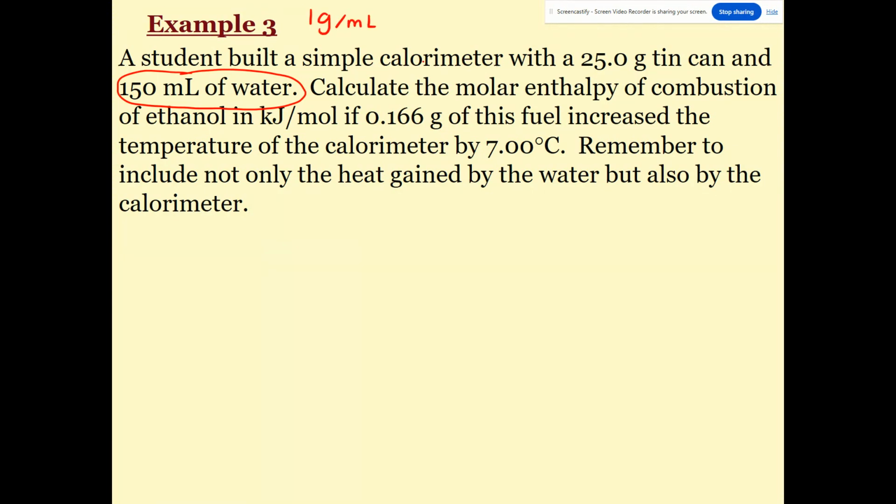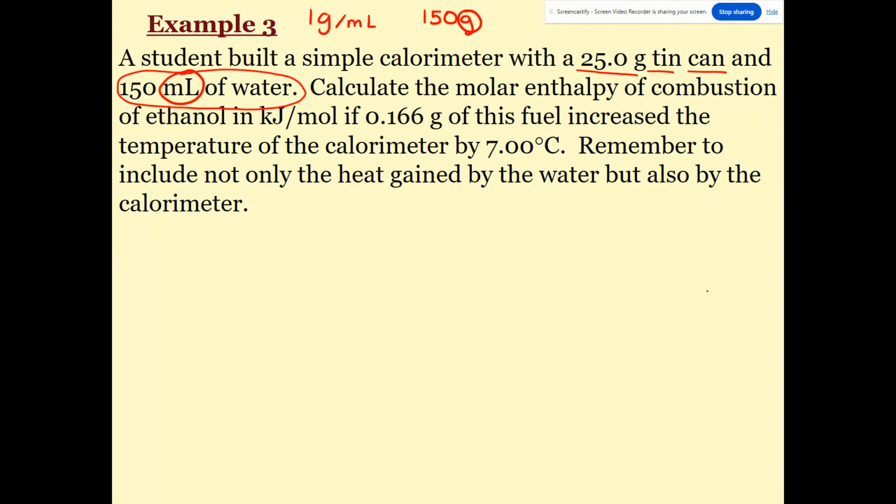So if you have 150 milliliters, that means you have 150 grams. Volume in milliliters equals mass in grams for water because of water's density. Now, not only do I have the information of the water, but I also have the mass and material of the can that's holding the water.